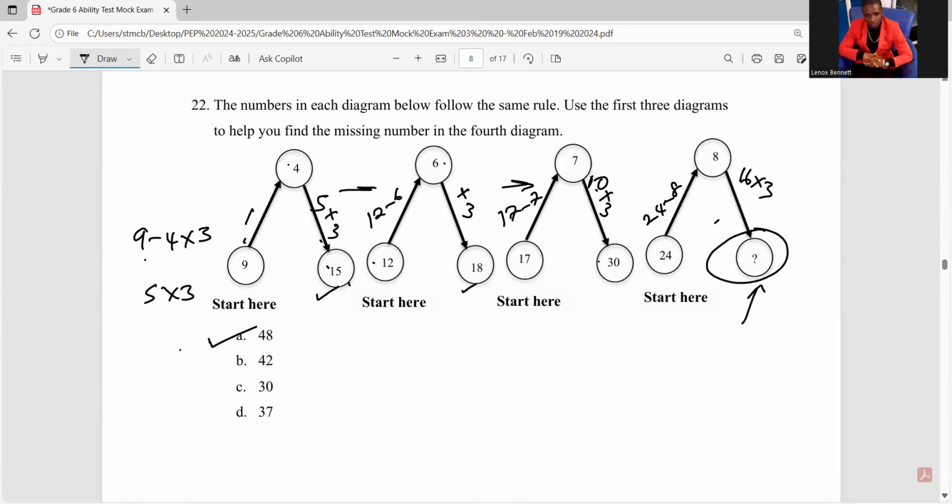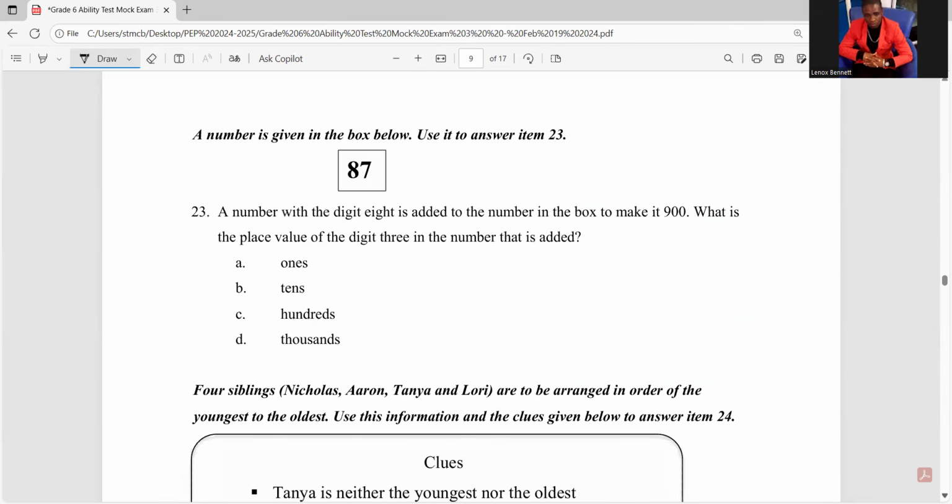All right. It's a tough one, but you guys will get used to it. This one says a number is given in the box below. Use it to answer item 23. A number with the digit 8 is added to the number in the box to make it 900. What is the place value of the digit 3 in the number that is added?